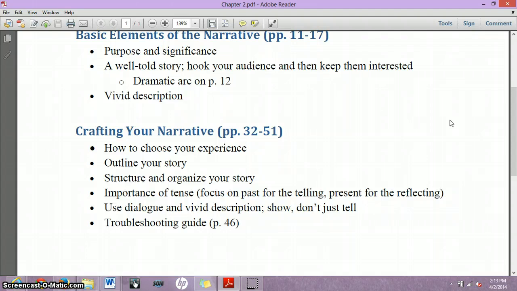Perhaps I think it's a bit shallow or something in how you're describing it. You can go to the "my readers don't understand the significance of the story" box and see the text's suggestions for how to fix that. I think that's pretty cool. That's a pretty cool resource for you to have on how to fix your essay and to make it more effective.